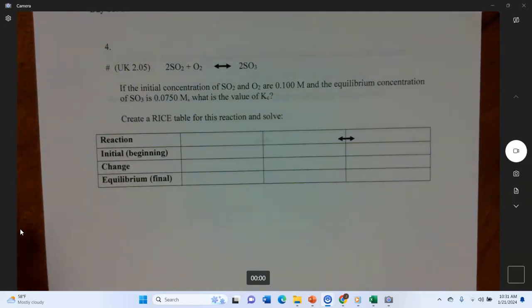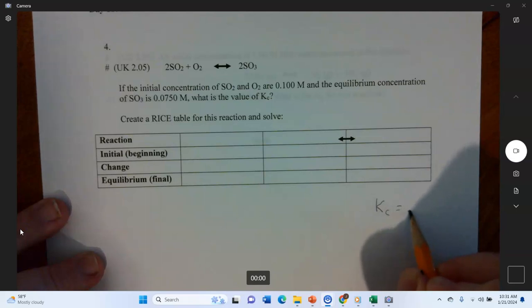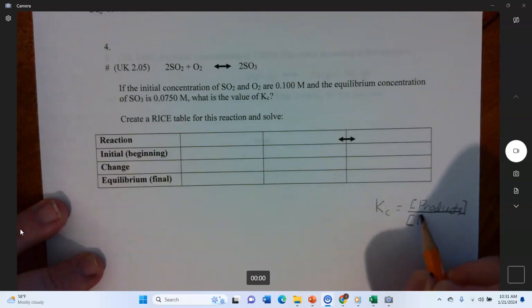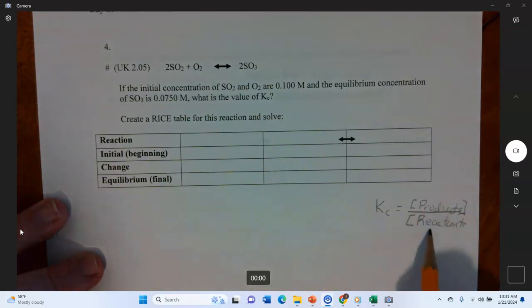So what you have in all these problems is this, basically. I'll write it off to the side. You have an equilibrium constant, and what it does is it ties together the concentration of products on the top and the concentration of reactants on the bottom. So that relationship between products and reactants is expressed in this constant.